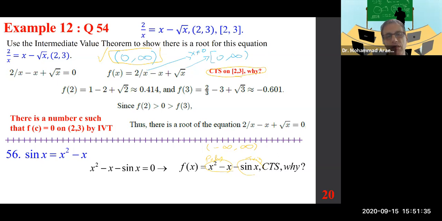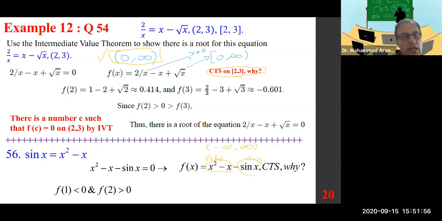So with that being the case, let's plug in 1 and 2 and observe. Again, this is by observation, class. This is by inspection. So when we do that, f of 1 is less than 0 and f of 2 is larger than 0. By the way, when we say 1, it is 1 radian.